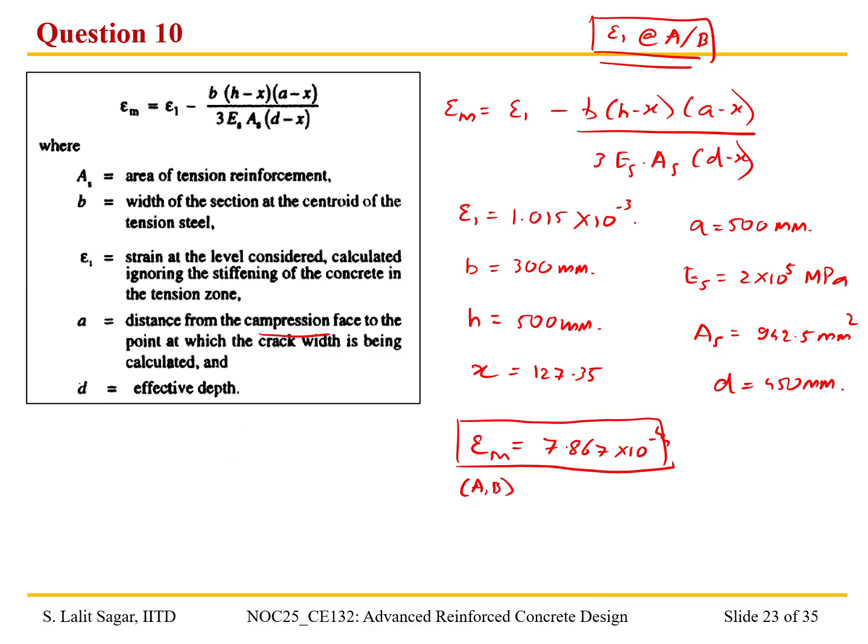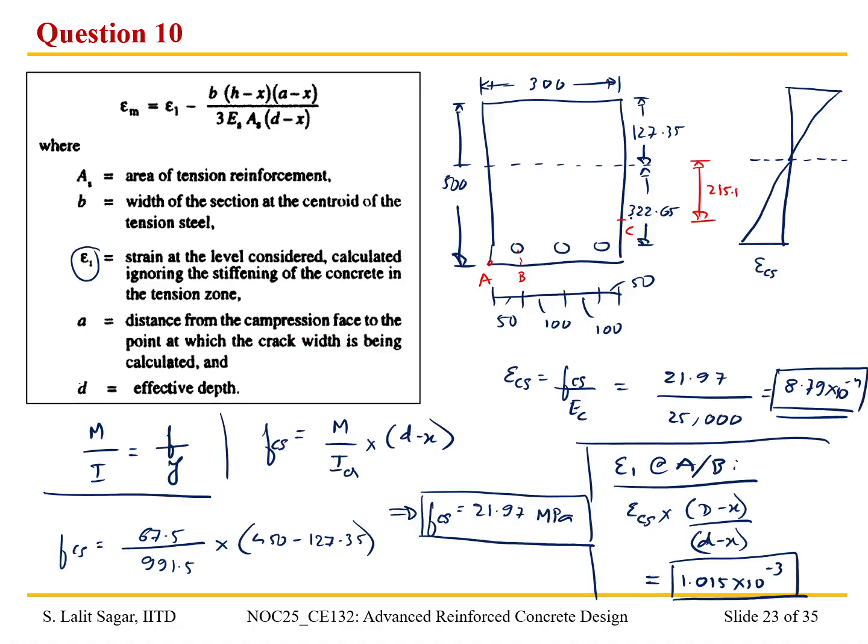yeah, let me do the calculation here. Take a different color now. Okay, epsilon 1 for point C is equal to 2 by 3 into epsilon CS. Okay, because this point C is at a distance of 2 by 3 from the neutral axis, right?